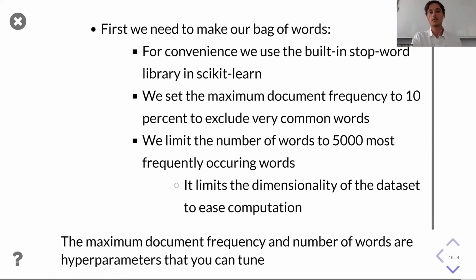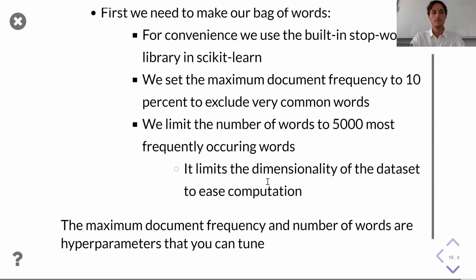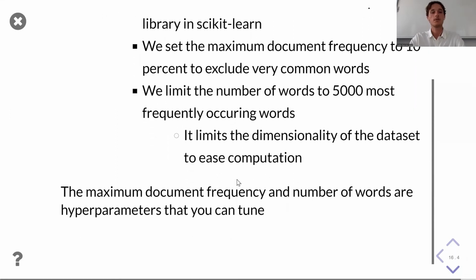And we do that to limit the dimensionality of the dataset, so we can actually compute the LDA allocation. So this maximum document frequency and the number of words are also hyperparameters that you can tune.